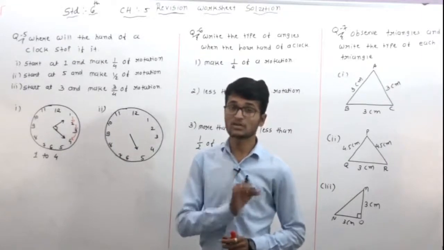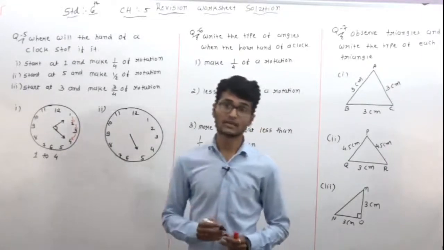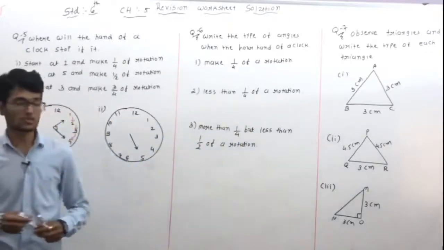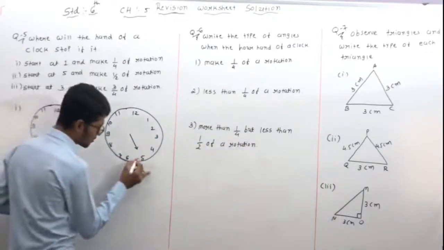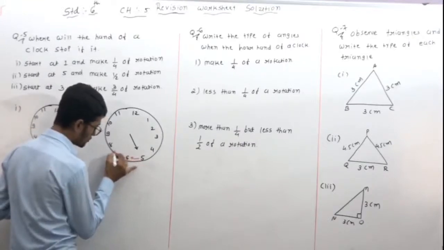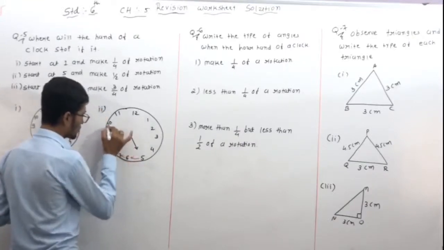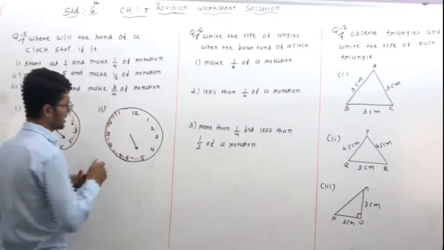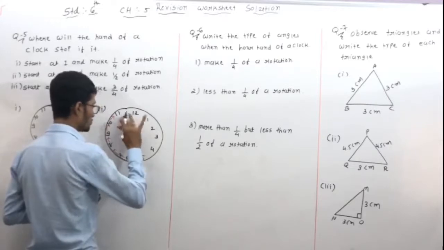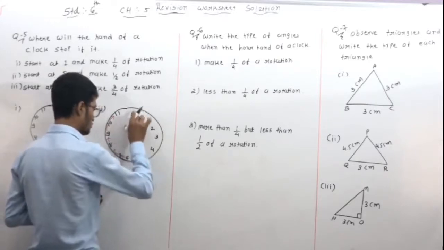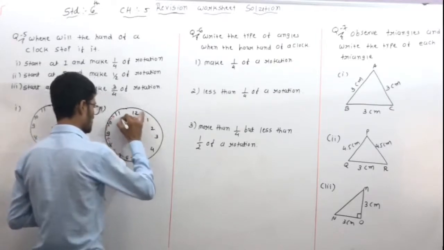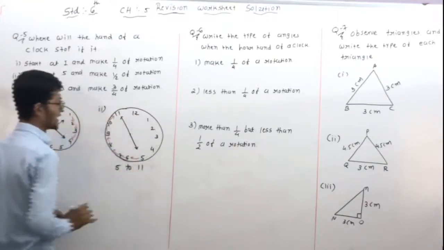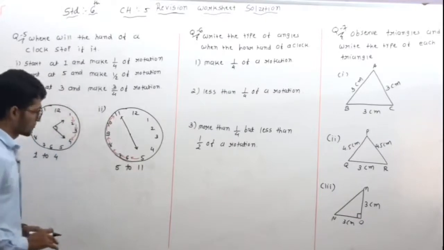In 90 there are a total of 3 distances, so 180 means total 6. So let's count 1, 2, 3, 4, 5 and 6. The ending is 11. It means 5 to 11. So our answer for the second question is 5 to 11.